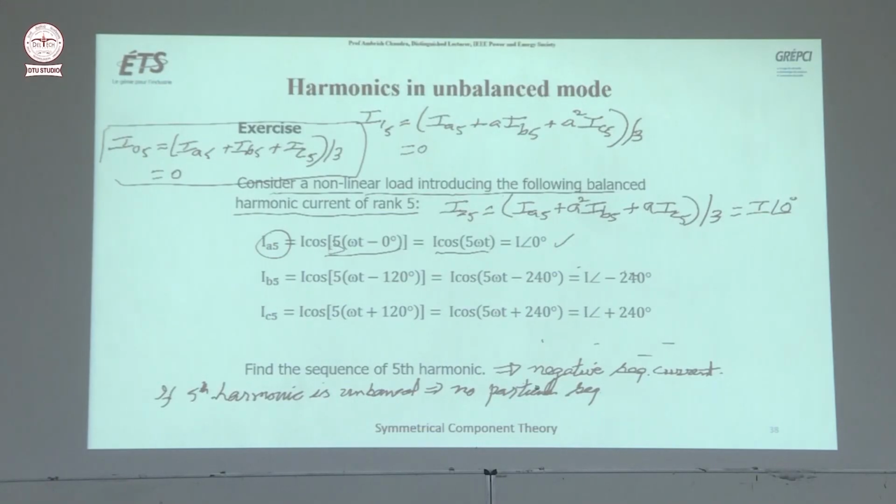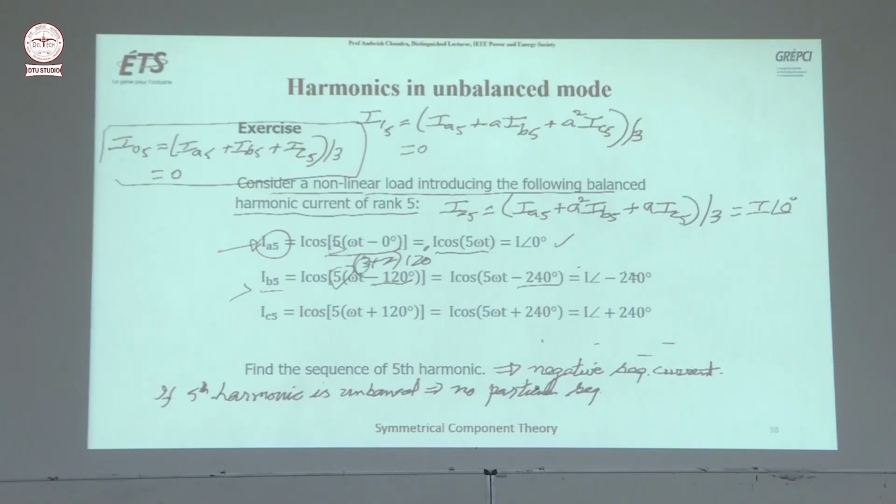Now the fifth harmonic for phase B, this is for phase A, for phase B it is minus 120. Why is it minus 240? Because 5 you can write as 3 plus 2, multiplied by 120 degrees, right?